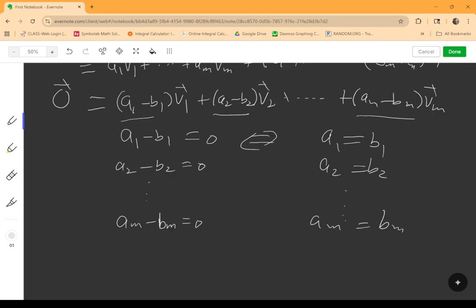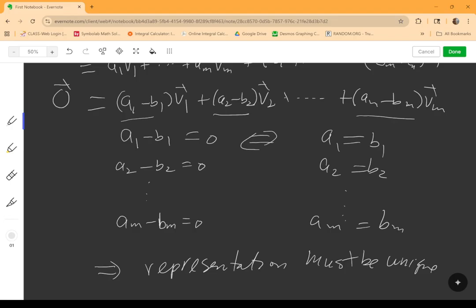So in other words, there are no two representations; the representation must be unique. Now, one thing that we want to gain from this is that linear independence eliminates any kind of redundancy, and it forces a uniqueness in the representation of the vectors.